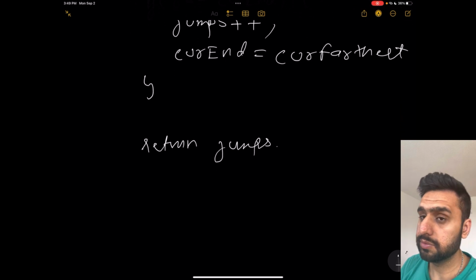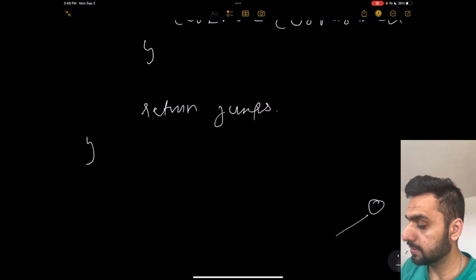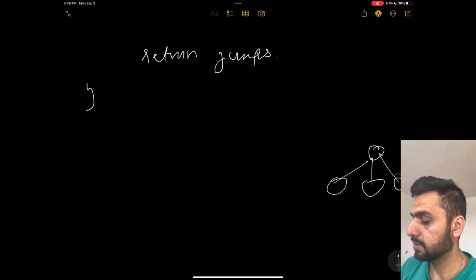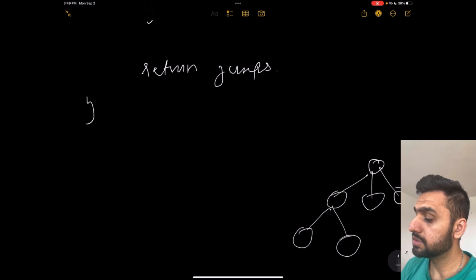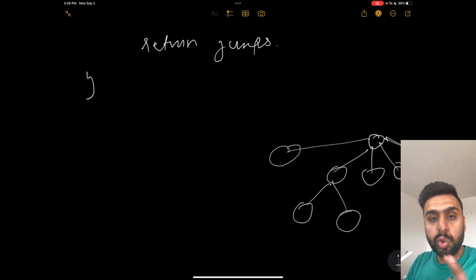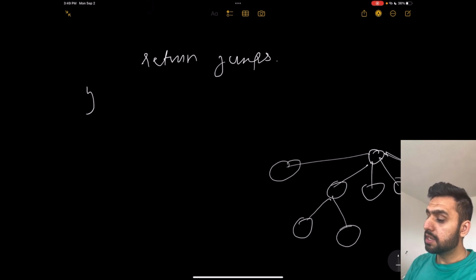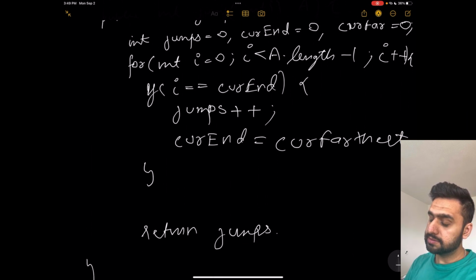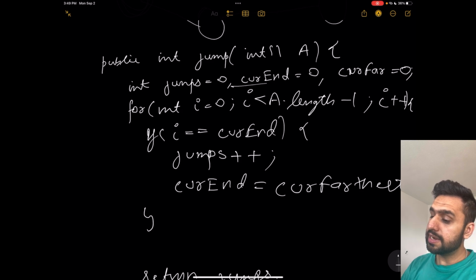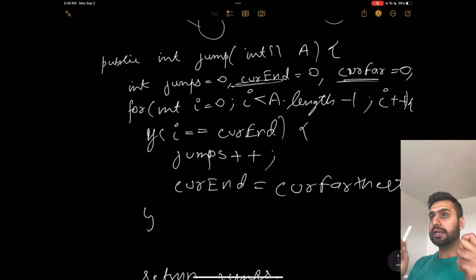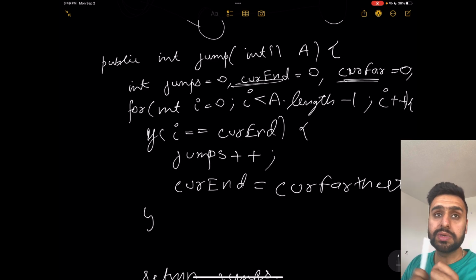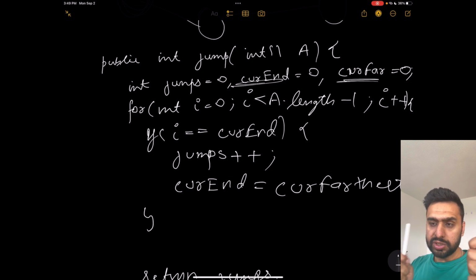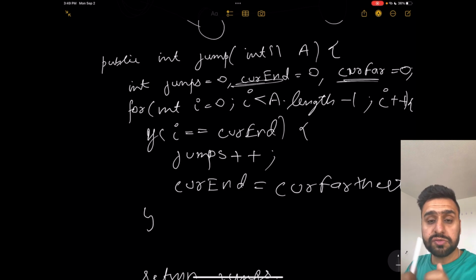So instead of doing brute force for all the elements, he has pruned the search space. He's only computing the states which are relevant, which happens in BFS. And the current end and current far are just like in BFS, if you implement it via a queue, in order to keep the count of where the queue is starting and where the queue is ending, you need the end markers, which are the number of elements in the queue.